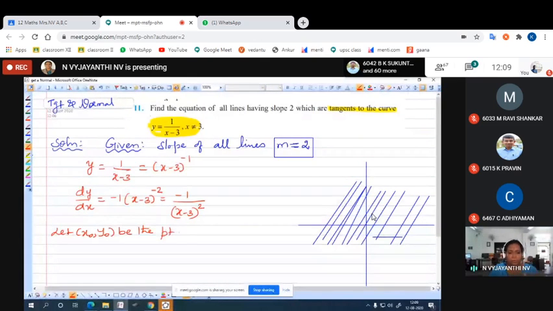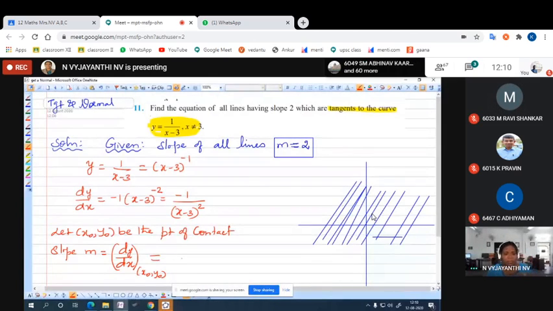So what will be the slope of tangent now? Therefore, slope m equal to dy by dx. Already slope m is given, isn't it? So now we are deriving the general formula for slope of tangent from the given curve.